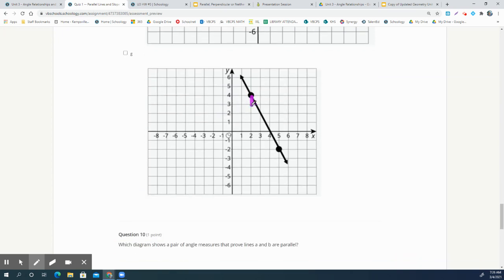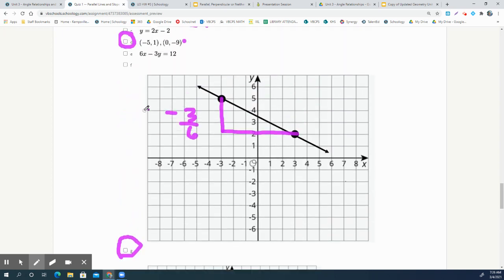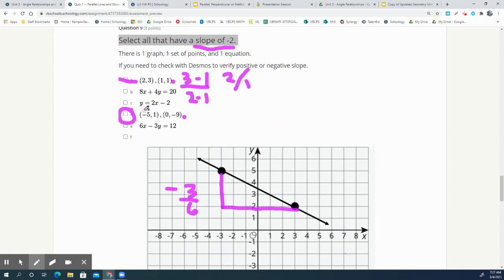This one is going to be 1, 2, 3, 4, 5, 6 over 3. Went down 6, so -6 over 3 is going to be my choice for a -2 slope. Any questions on those two? We know how to do slope from a graph and slope from points.